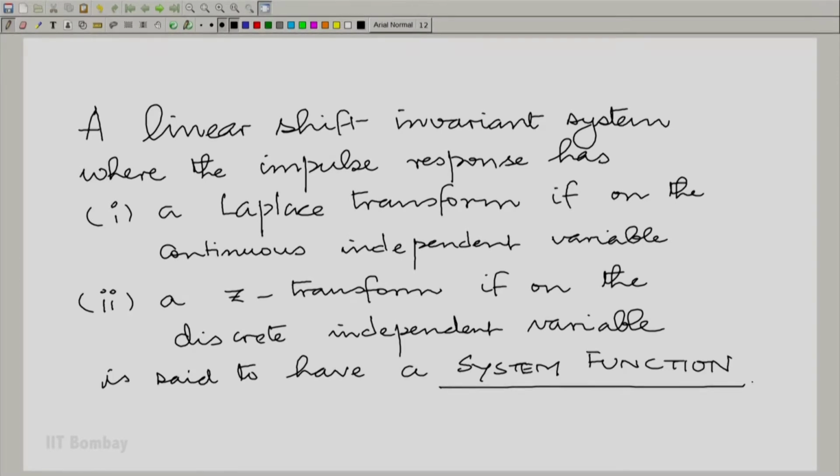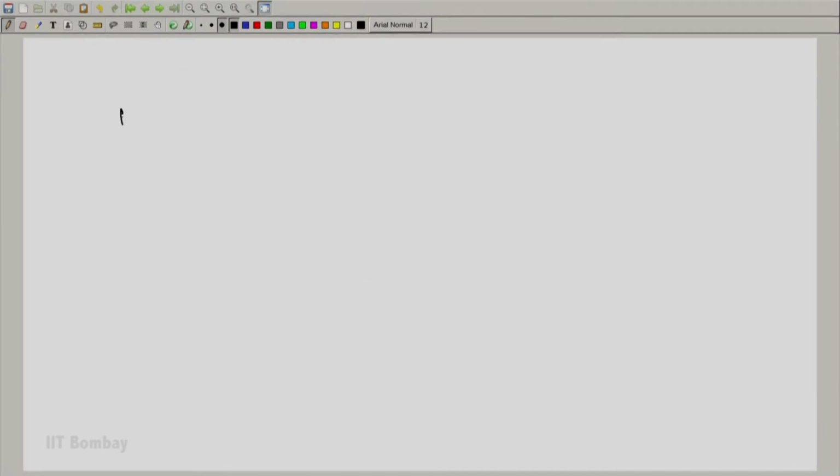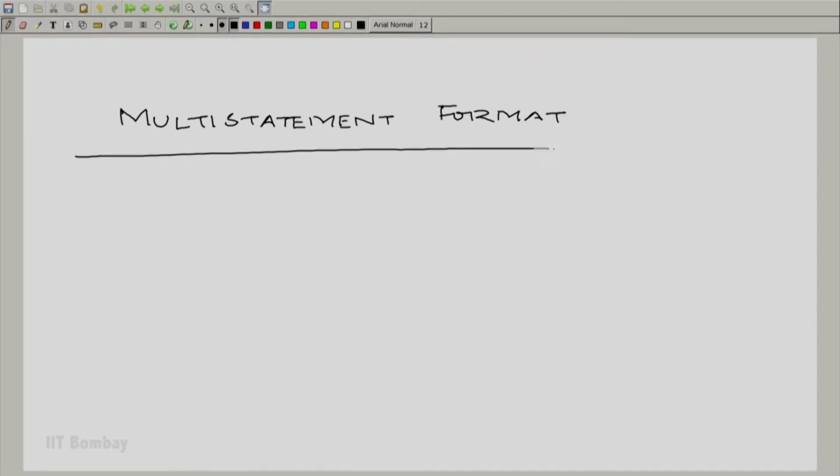Now, the system function is essentially the Laplace transform or the Z transform of the impulse response, and we are now going to write down both of these statements using what is called multi-statement notation. So, I am going to introduce an example of multi-statement notation or multi-statement format. I give an example of a multi-statement here.